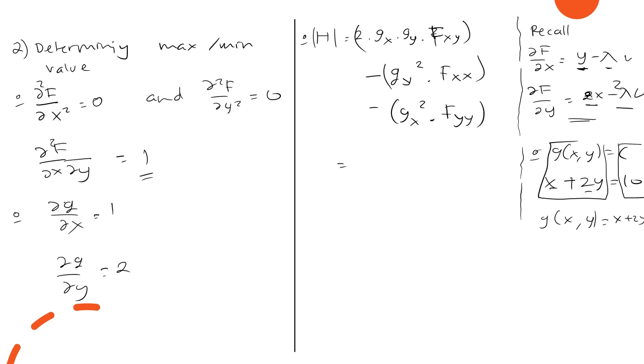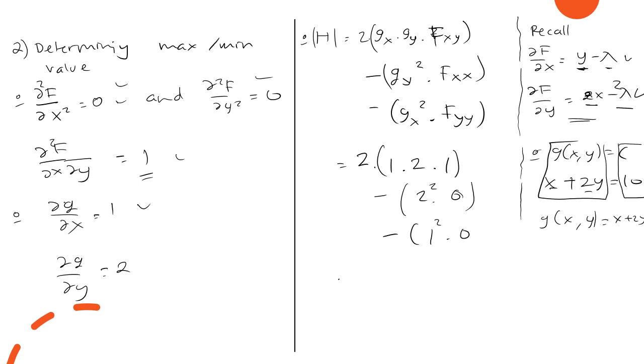So it gives you 2 times 1 times 2 times 1 minus 2 squared times 0 minus 1 squared times 0. You should fill in here. Fxx is this one, fyy is this one. Okay, so that will give you 4, and this is bigger than 0, so maximum relative.